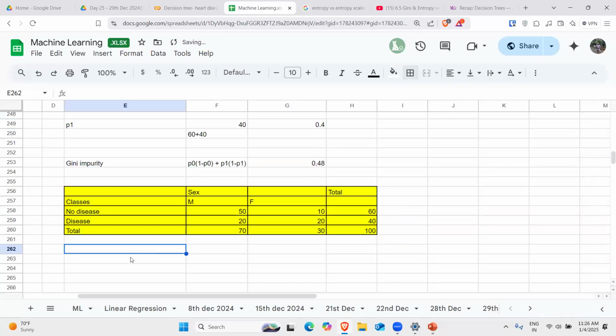Now, again, we have the cholesterol level. So this is your features slash classes. Here also, this is your features slash classes.